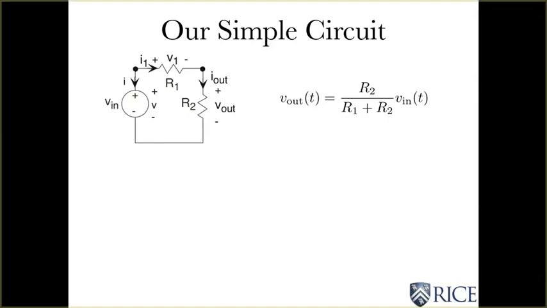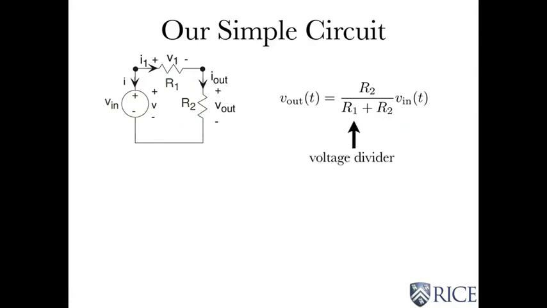We have a series combination of resistors and a voltage source. And what we calculated last time was the output voltage was proportional to the input voltage with a constant proportionality. That's the resistor R2 divided by R1 plus R2.